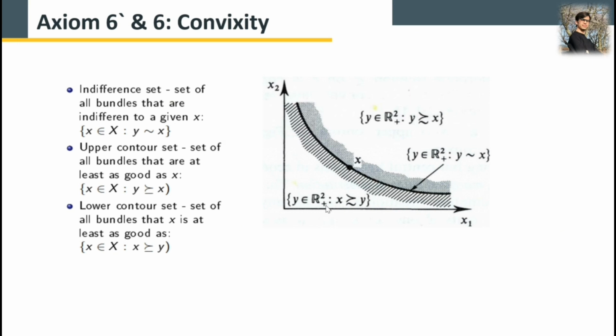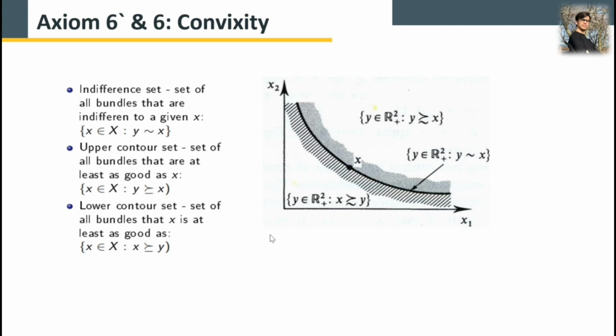It is a set of Y in R2 plus where X is at least as good as Y. In this case we have two goods, that's why we are assuming R2 plus, which is non-negative consumption of x1 and x2. So this is the lower contour set.